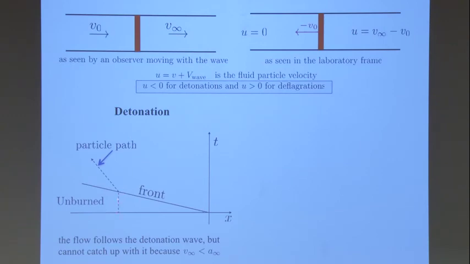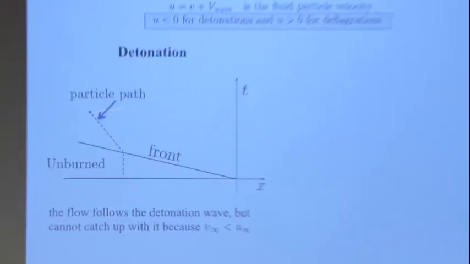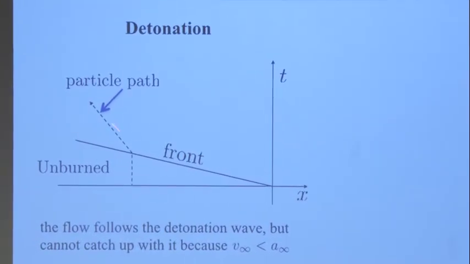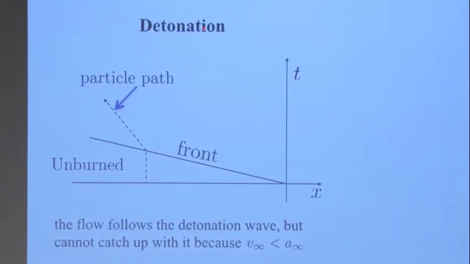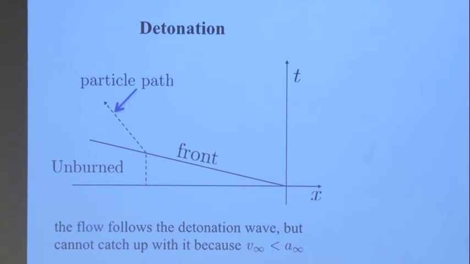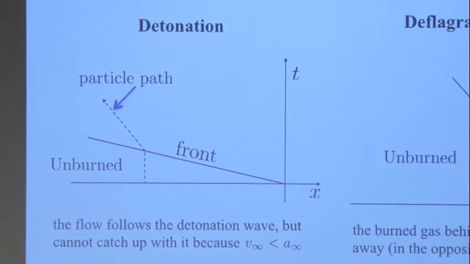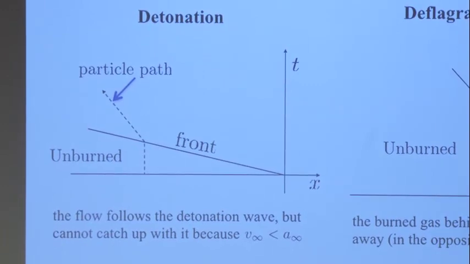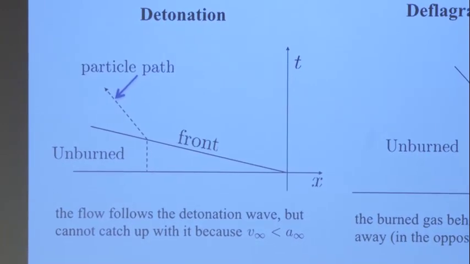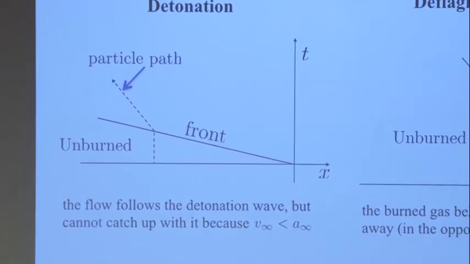And then it stays at the same position until it's hit by the wave, and then that particle starts moving following the wave if it's a detonation. Why following the wave? Because U is negative, okay? It will always follow the wave, but it will never catch it up because the wave is propagating much faster.